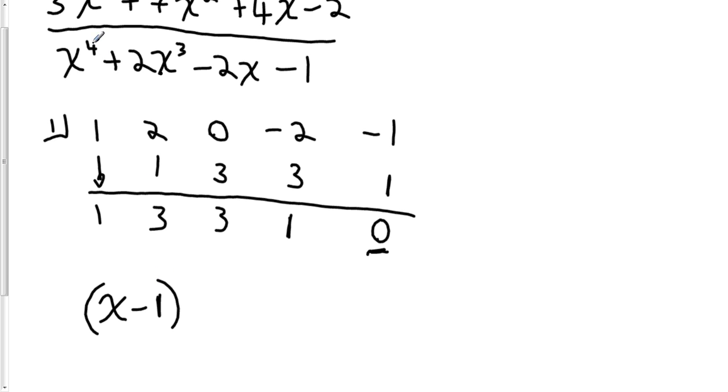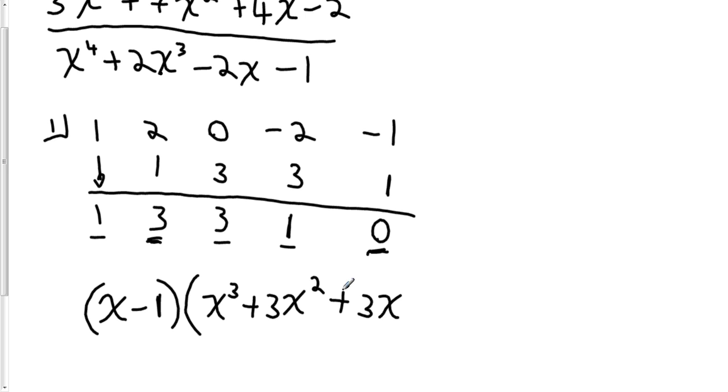Since this was a fourth degree polynomial, and I took out a linear, first degree factor, the quotient is going to be a third degree polynomial, and these are the coefficients of that third degree polynomial. So I'm going to have 1x to the third power plus 3x to the second power, and then plus another 3x to the first power, and then plus 1.